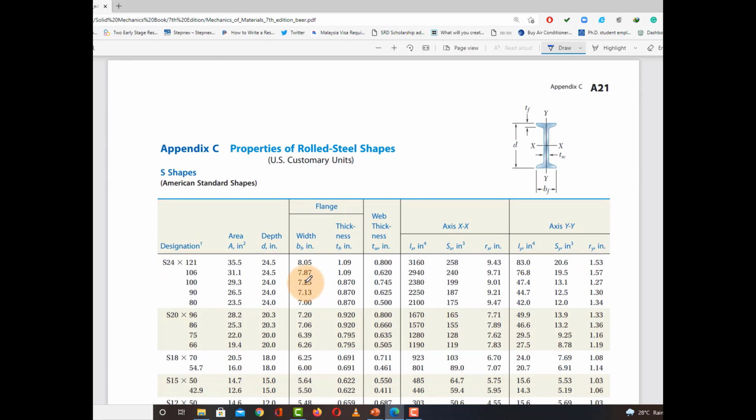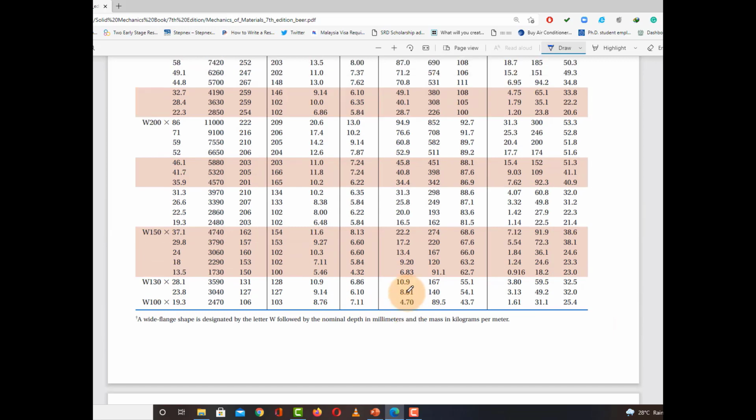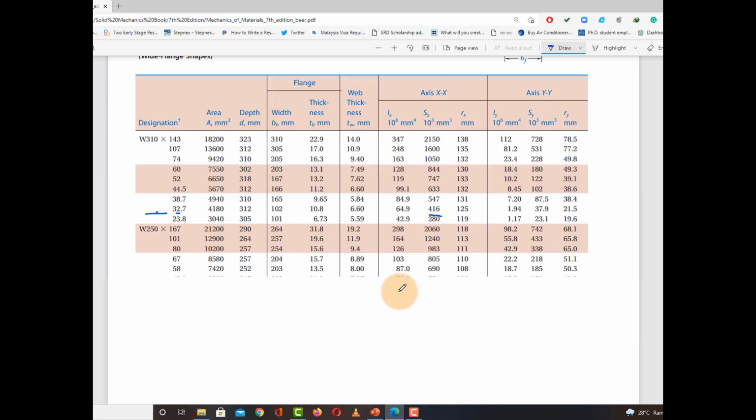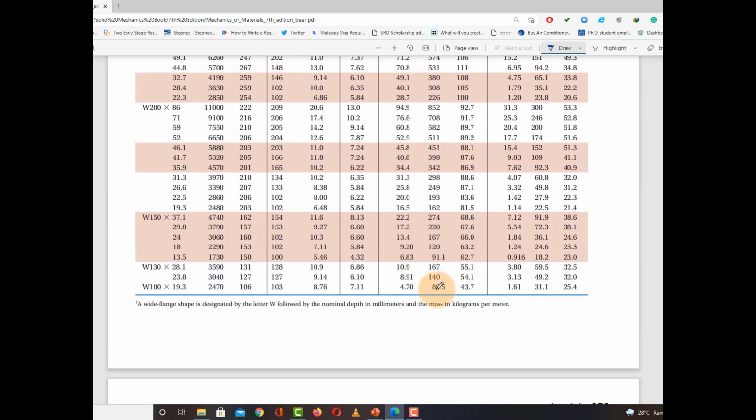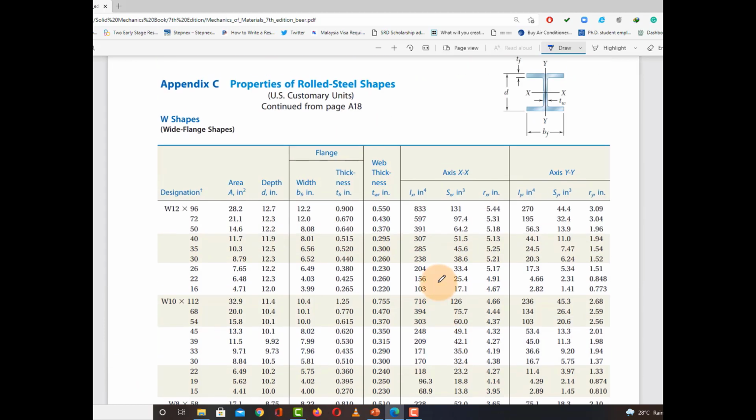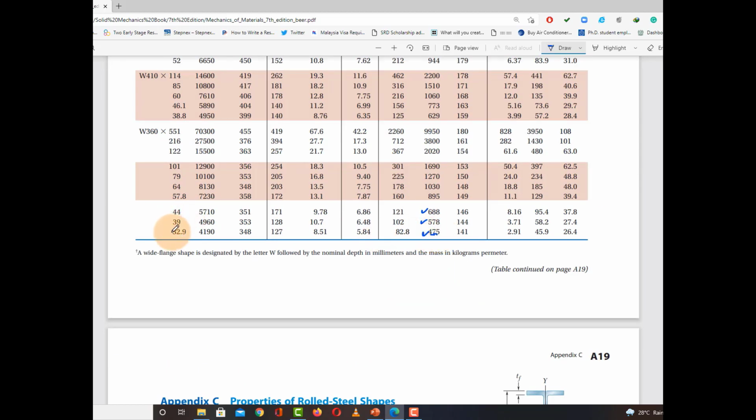One more thing to remember, just like I have explained, you can use W360 multiplied by 32.9, W360 multiplied by 39, and you can use all the beams of section modulus above or equal to 422. But remember that in a wide flange beam, W360 multiplied by the second term, this first value shows you the height of the beam.